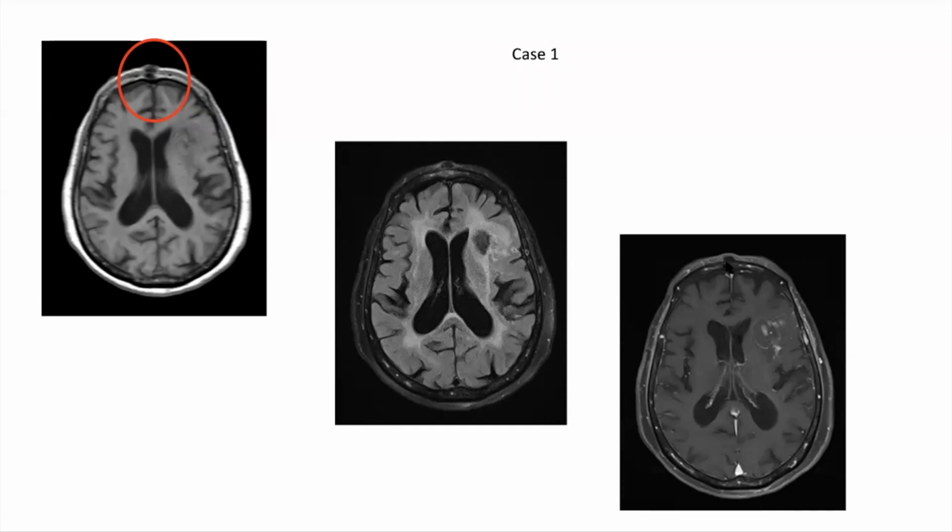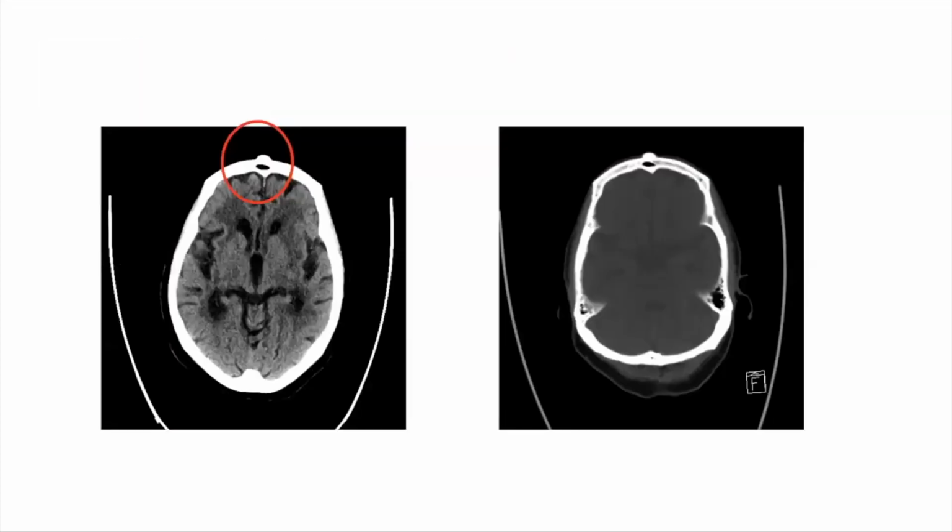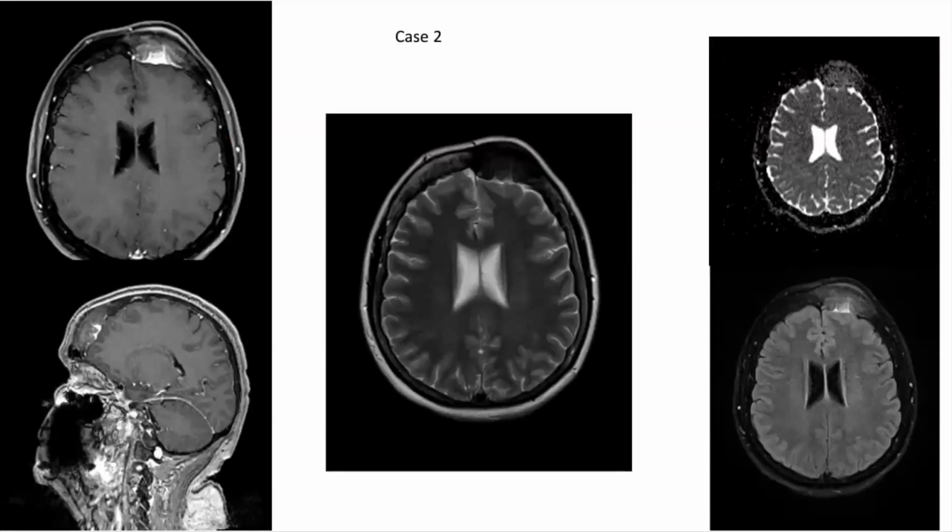And you noticed on the enhanced scan, there's no enhancement associated with it. So this is a no follow-up needed benign lesion of the skull. It's called an osteoma. These can be quite large at times, but if you see homogeneous cortical bone attenuation in the lesion, then you're going to favor osteoma of bone.